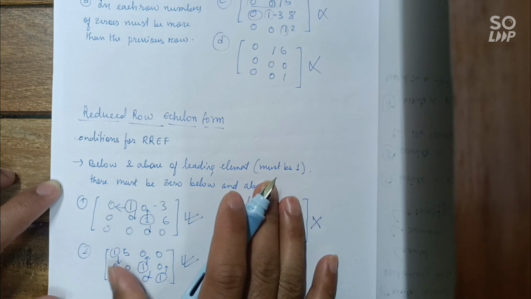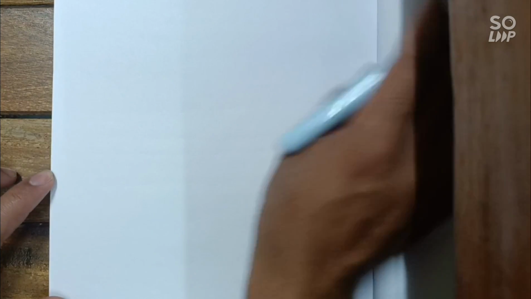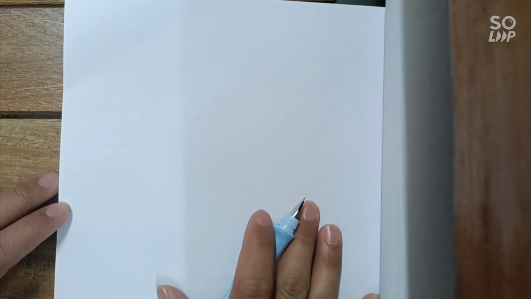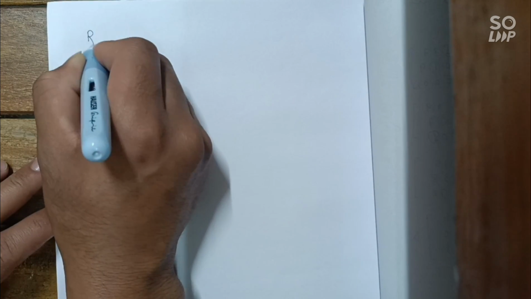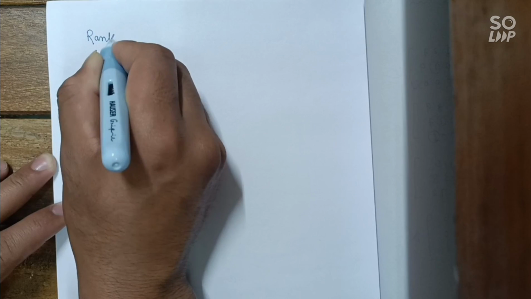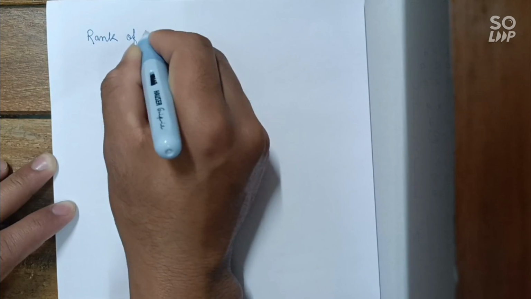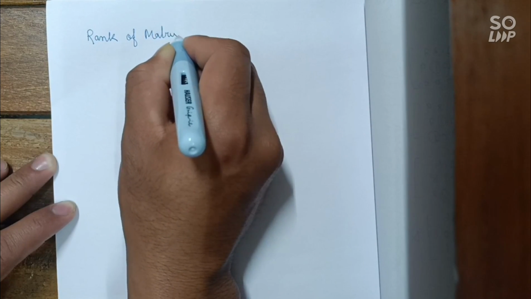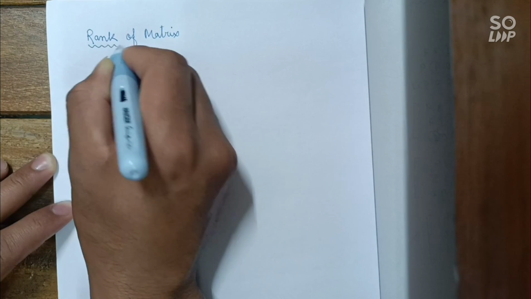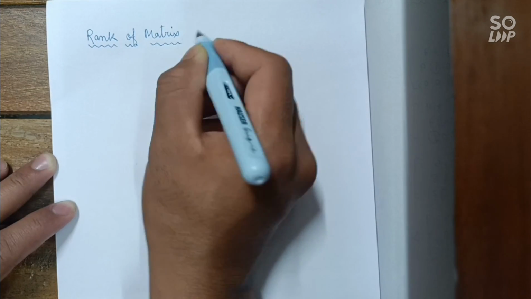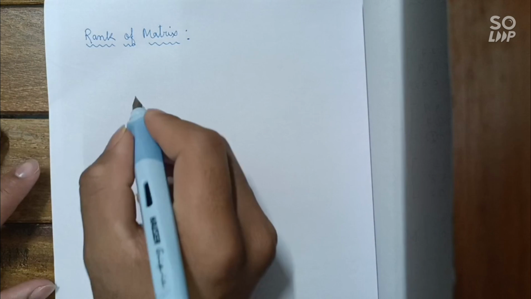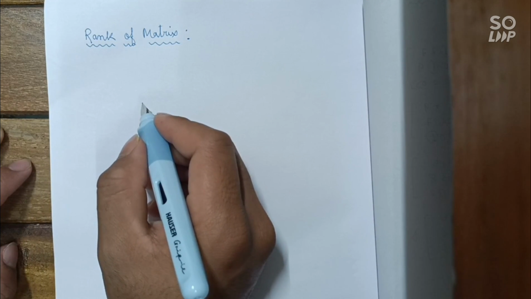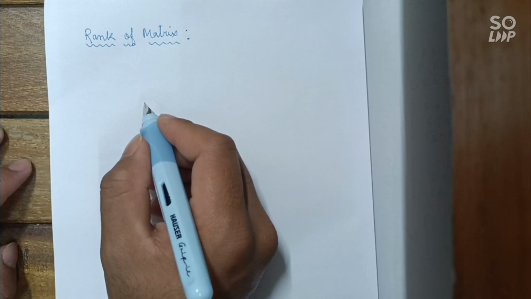Now let's move on next to rank of matrix. There are mainly 3 methods to find rank of a matrix.